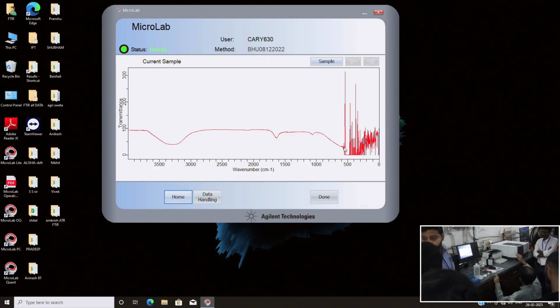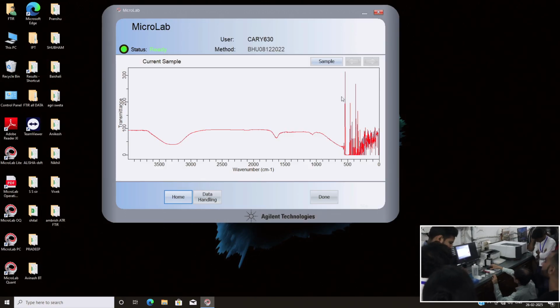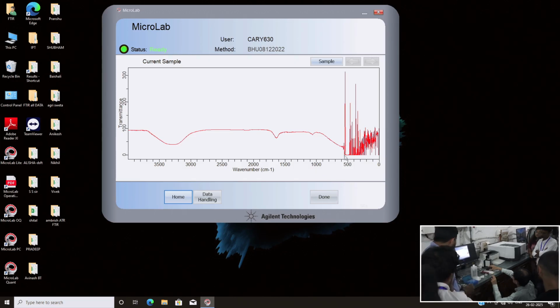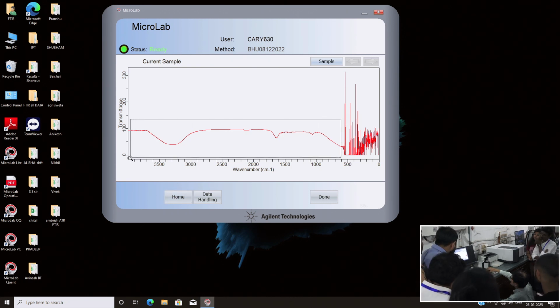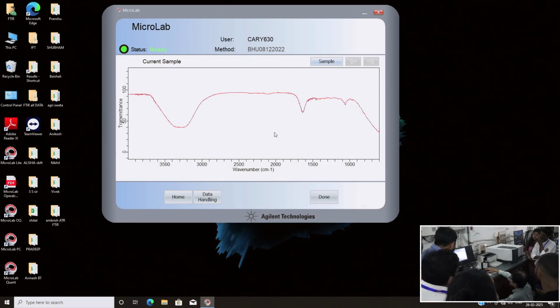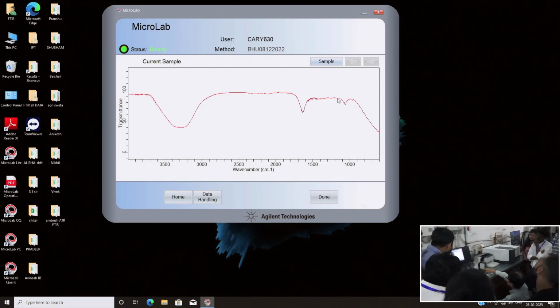Then 0 over 0 diverges, and that kind of diverging is seen in this region below 600 wave number. So it may be a good idea to limit the region above 600 wave number. Then it looks clear, right? And the transmittance is gradually lowering right now here.